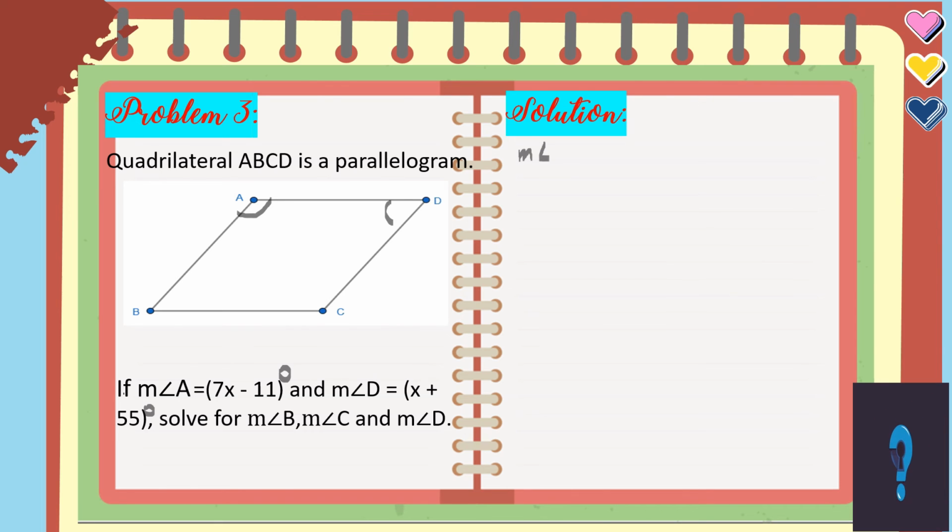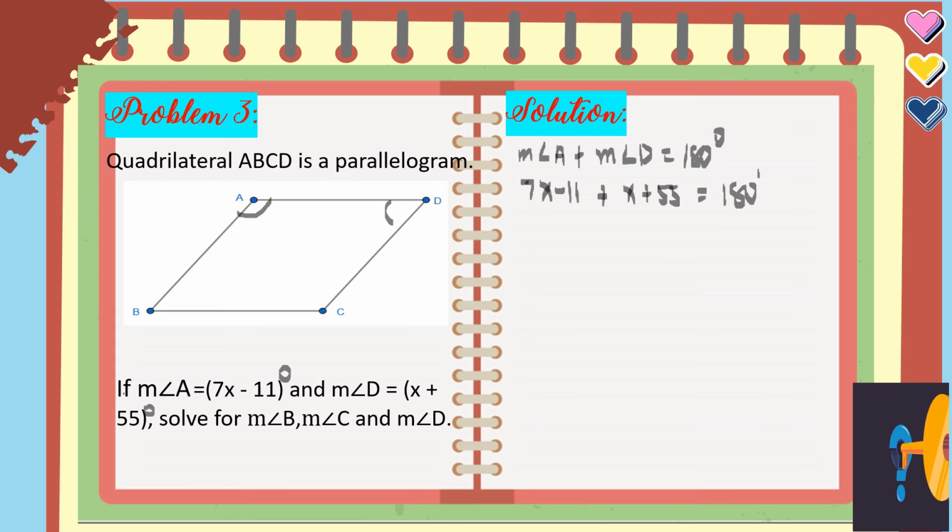So the measure of angle A plus the measure of angle D is 180 degrees since they are supplementary. And the measure of angle A is 7x minus 11 degrees plus the measure of angle D is x plus 55 degrees. That is equal to 180 degrees.